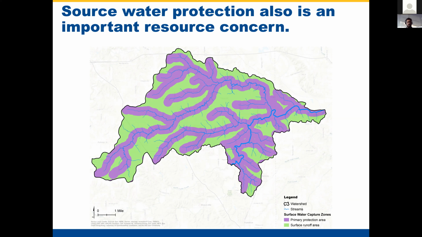And what this map shows is the buffered stream areas to show that areas near or closer to the stream are likely to have water going down to the groundwater and are going to be recharging those source water wells more likely than some of the upland areas that are more likely to run off and are less likely to end up in groundwater that might be used as source water.